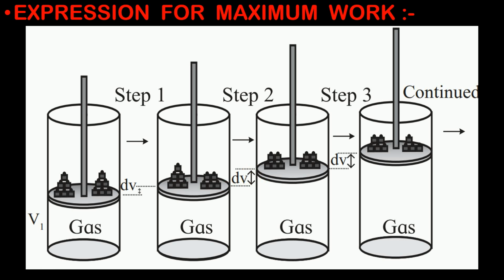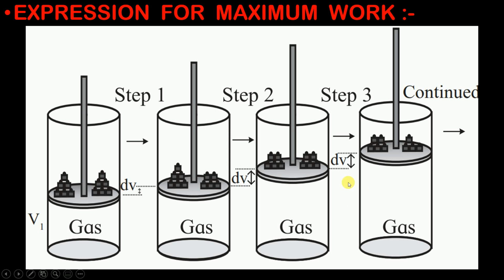So what this figure shows is that when you remove a small amount of mass, you decrease the external pressure by a small quantity, and then the increase in volume of the gas is also small. So if you remove small mass, small pressure is decreased, then a small amount of volume will increase. Clear with this? So everything is small in this case, and that is what this figure is trying to show us.